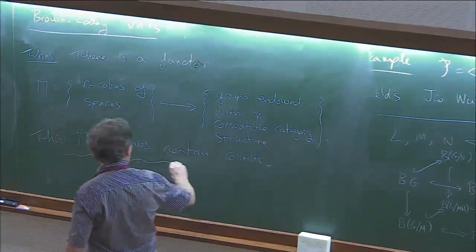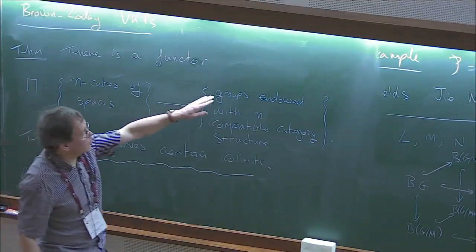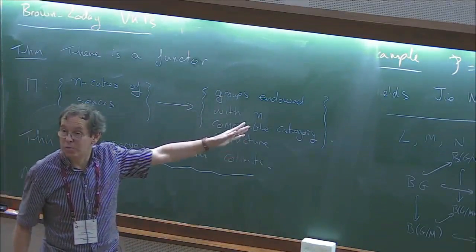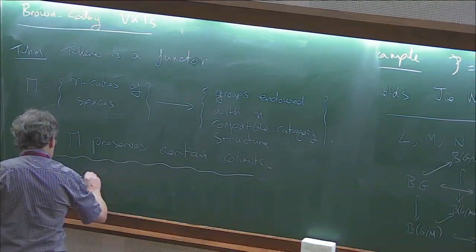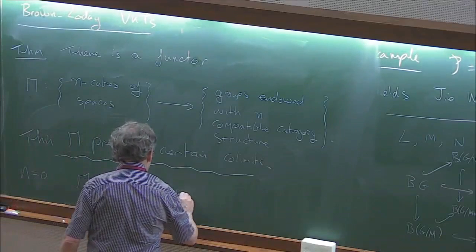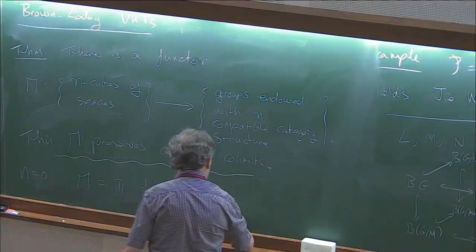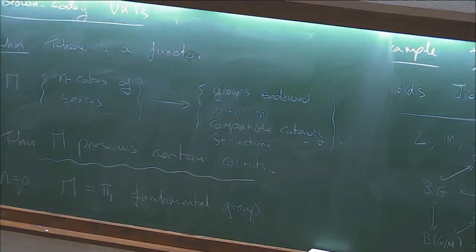So for n equal to 0, a group endowed with 0 compatible category structures is a group. And a 0 cube is just a space, and Pi is just the fundamental group. So for n equal to 0, what I've written as capital Pi is just the fundamental group. And Van Kampen's classical theorem says that the fundamental group of a union or a colimit of spaces is equal to the colimit in the category of groups.